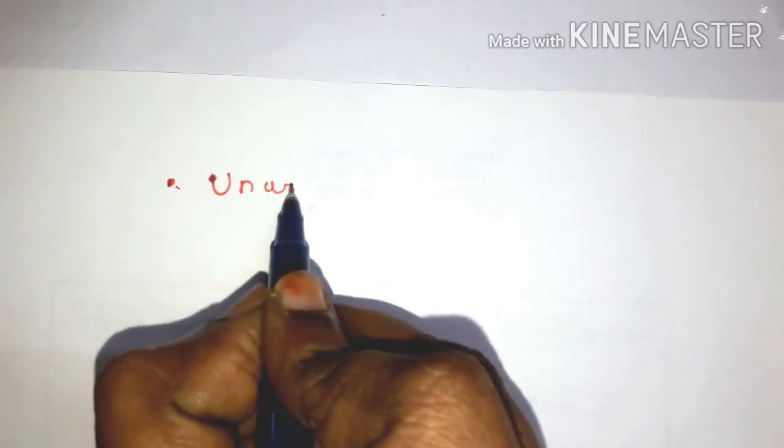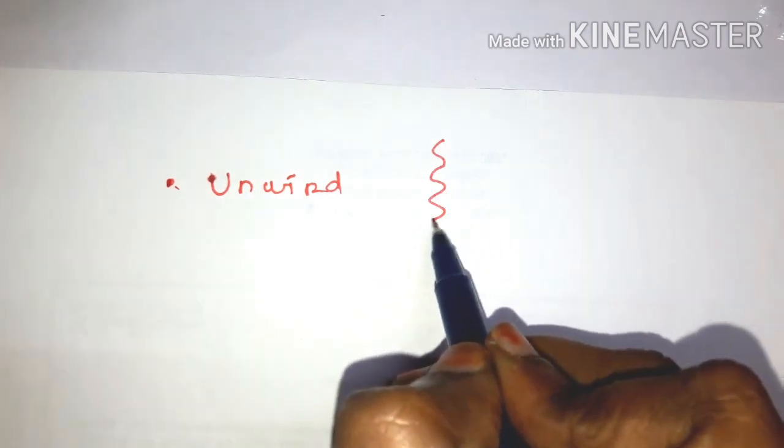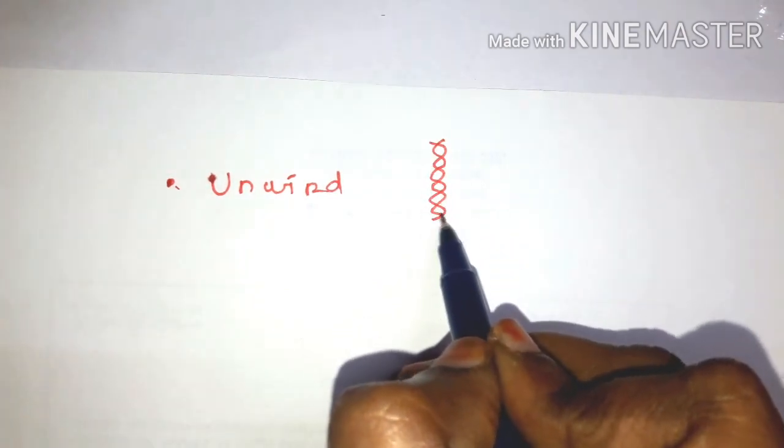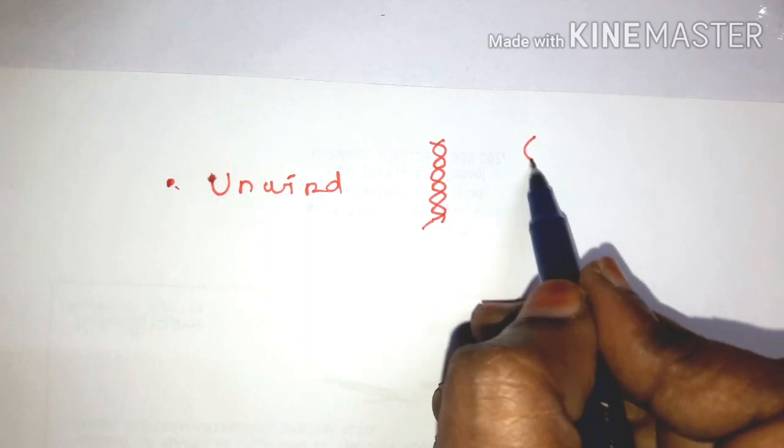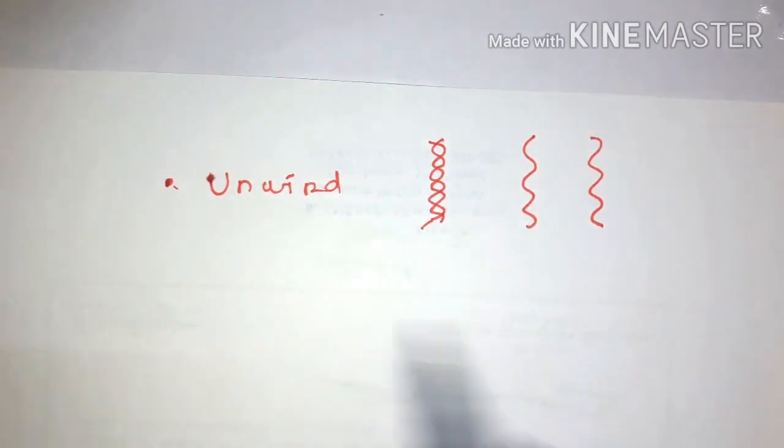So we can say that DNA replication takes place through some steps that should be followed. What are they? First the DNA should unwind. Unwind means separating itself into two strands.